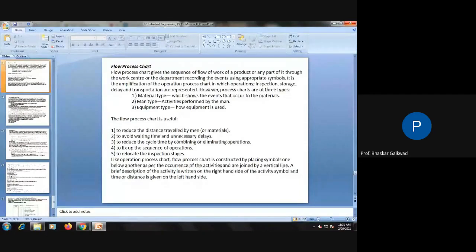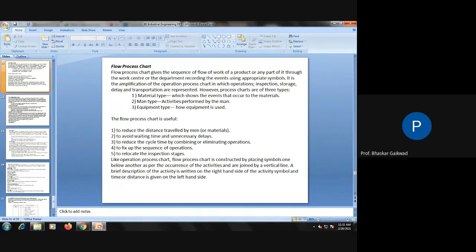Then storage, indicated by a triangle. Delay is indicated by D. They are placed one below the other as per the occurrence of activity, and are joined by vertical lines. A brief description of the activity is written on the right hand side of the activity symbol, and time and distance is given on the left hand side.